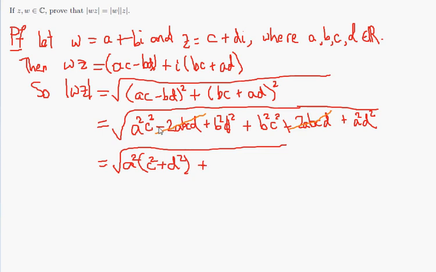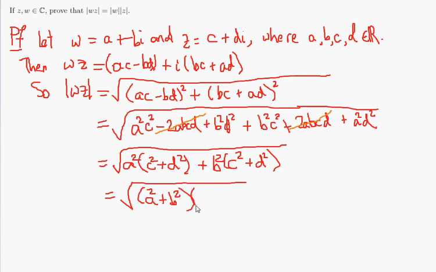Plus, the middle two terms have b squared as a common factor, and I can factor out c squared plus d squared. Now I can factor out the c squared plus d squared, so I have a squared plus b squared times c squared plus d squared.